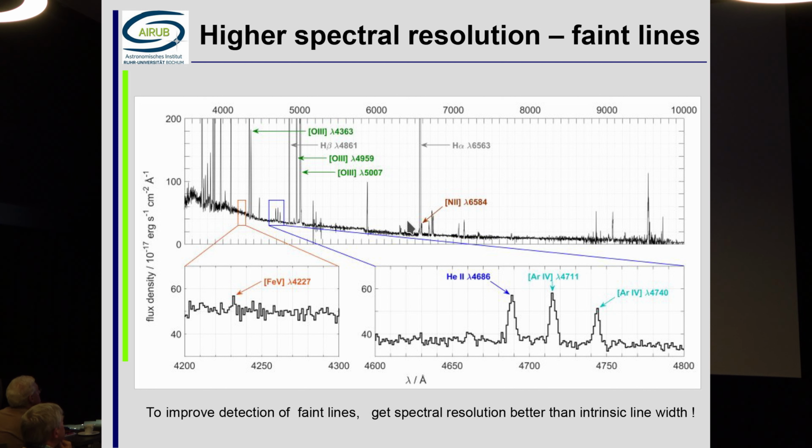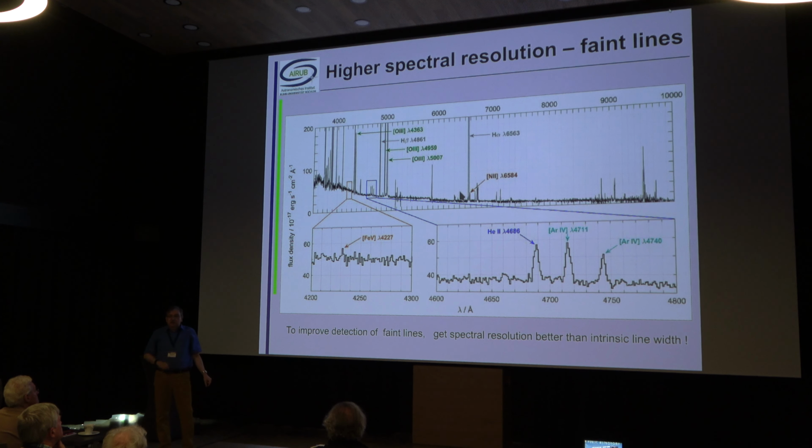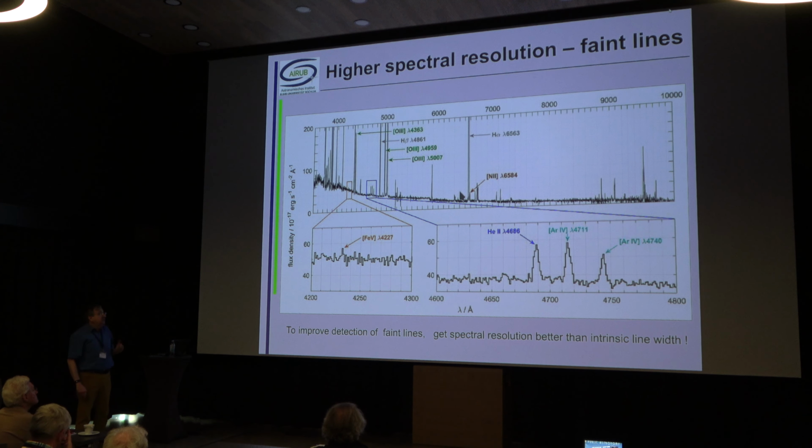So that means up to the spectral resolution of the intrinsic width of the line, you get. So there is something like a sweet spot in resolution. If you resolve much stronger, then okay, then you distribute again over many pixels. But if you are in the resolution which samples the intrinsic line width correctly, then you get it.